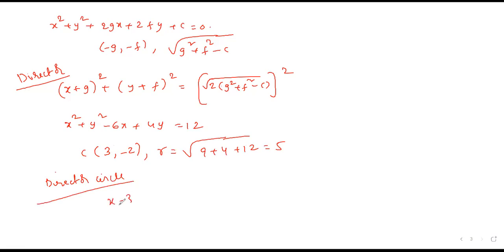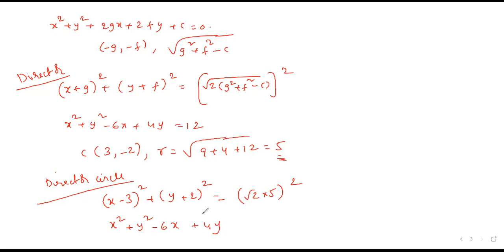So x minus 3 whole square plus y plus 2 whole square equals root 2 times the radius of the circle, 5, so root 2 times 5 whole square. So this is the director circle. By simplifying, you will get x square plus y square minus 6x plus 4y, and 9 plus 4 is 13, minus 50. 13 minus 50 is minus 37 equals 0.